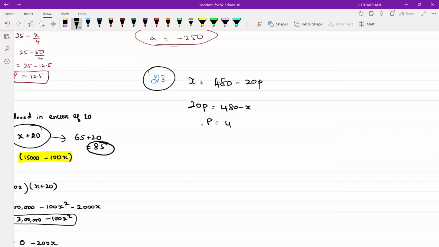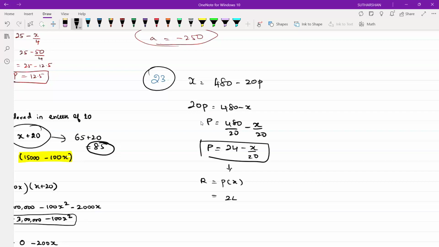So p is equal to 480 by 20 minus x by 20. 480 by 20, you will get 24. So p is 24 minus x by 20. That's my price. From price, I want to convert it into revenue. Revenue is nothing but P of X, so it is 24X minus X square by 20. This is my revenue.